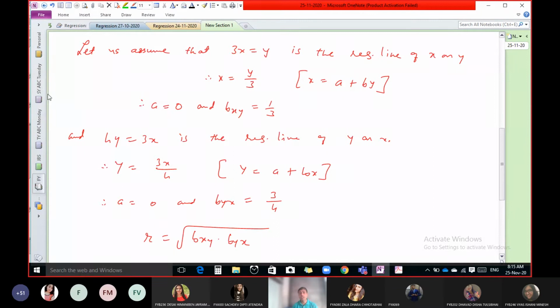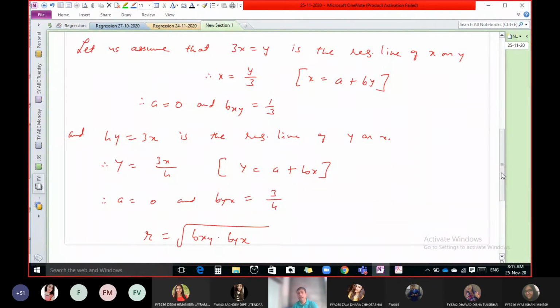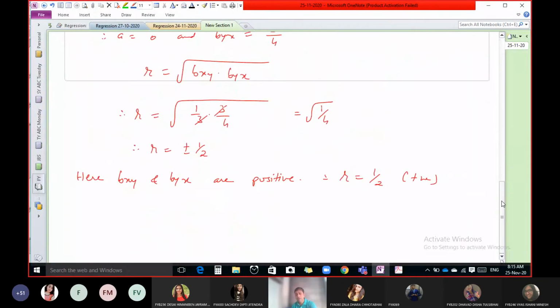But if your r is more than 1, we know that r cannot be greater than 1. In that case, we have to change the assumption. Means by chance, instead of assuming this 3x equal to y as a regression line of x on y, if you assume that as y on x, let us do that just for your knowledge.